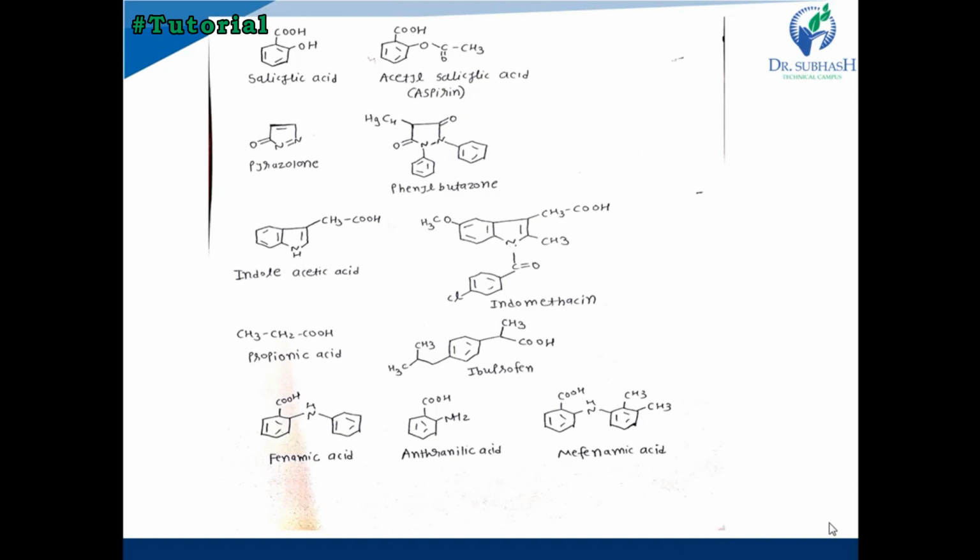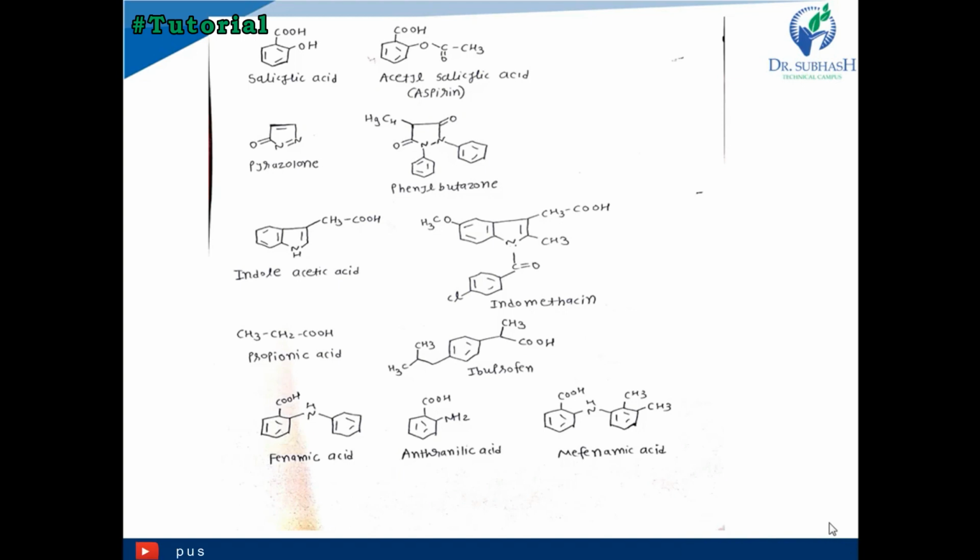The second category is pyrazolone derivatives. Pyrazolone, not pyrazole. Pyrazole means a 5-membered ring having 2 nitrogens. And here is pyrazolone, meaning pyrazole having 'one', O-N-E, for oxygen. Oxygen connected by a double bond to the pyrazole ring is known as pyrazolone. And among pyrazolone derivatives, we will do the structure of phenylbutazone.